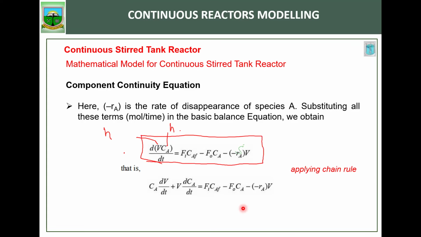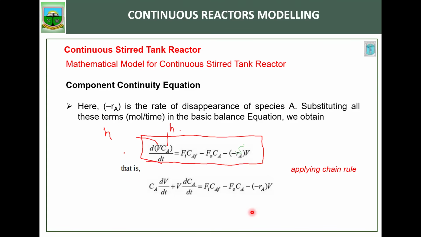You equate it to the input minus the output minus the rate of A in the system. Once you have that, it becomes easy.